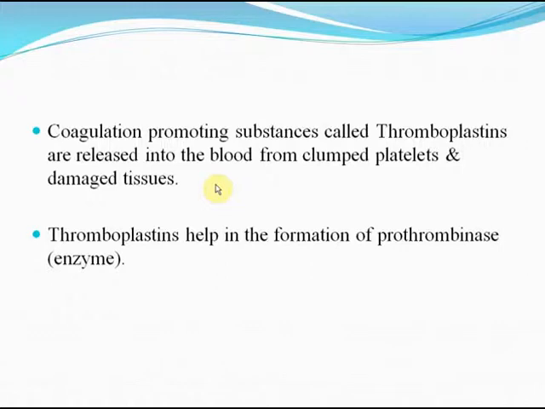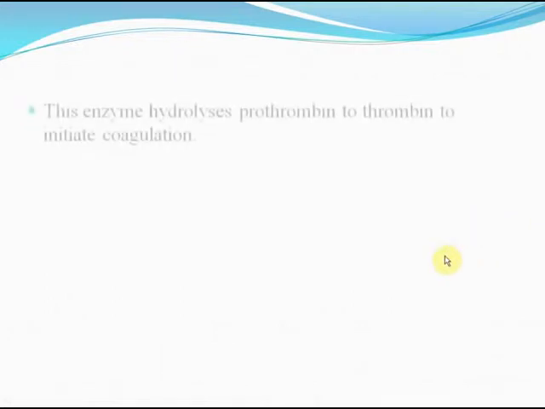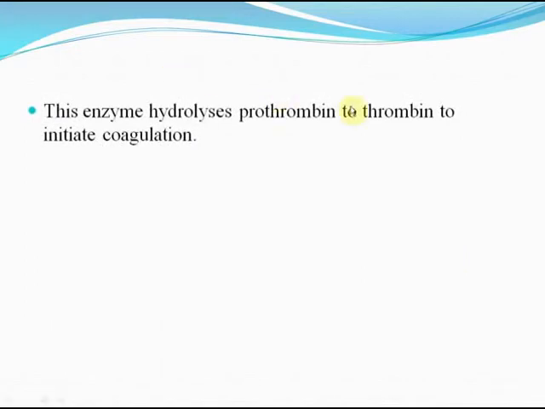Prothrombinase is an enzyme that converts prothrombin to thrombin. Prothrombin is an inactive form of thrombin, and prothrombinase converts prothrombin into thrombin, and thrombin hydrolyzes soluble fibrinogen into insoluble fibrin.